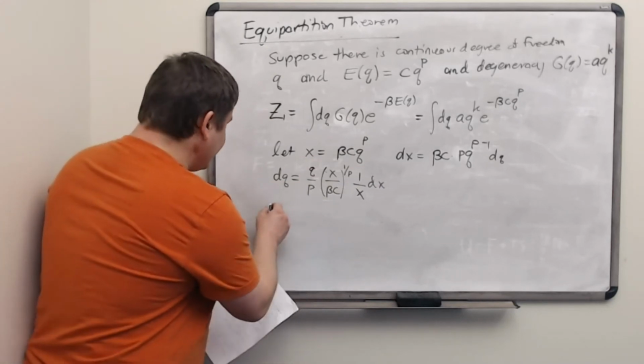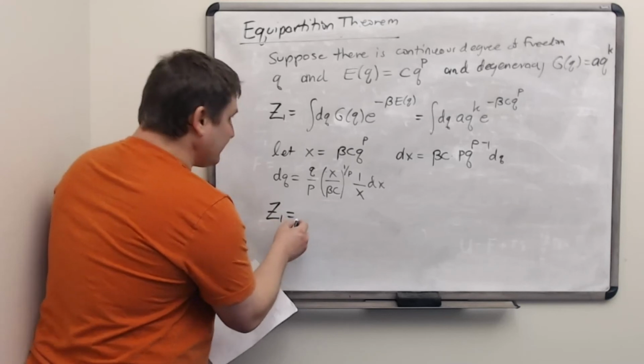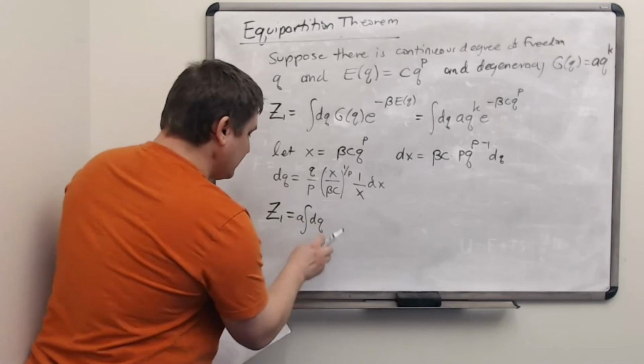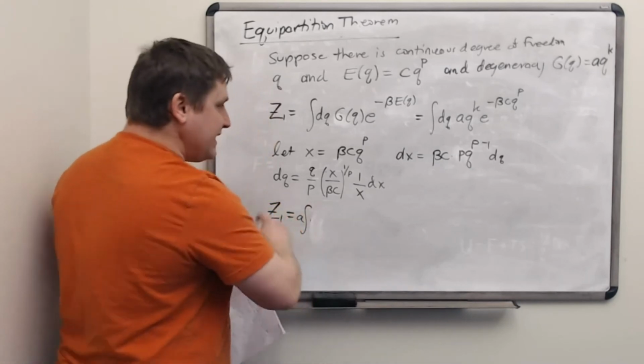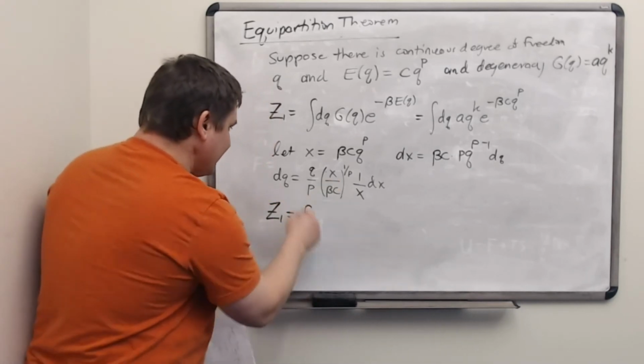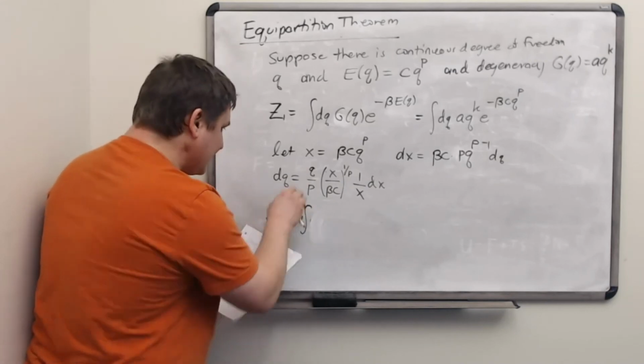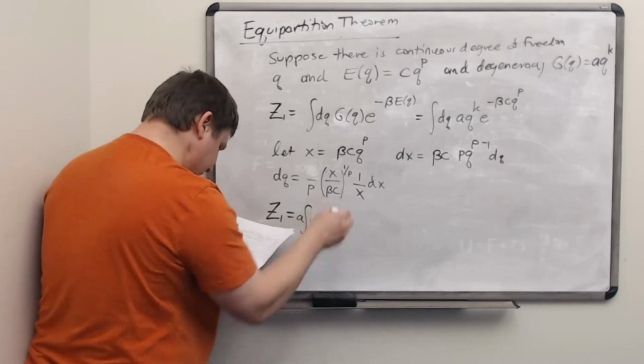All right, so when we do our calculation for the integral here, we're going to change this to a dx. So the a stays out front. The dq becomes all this stuff. Sorry, there's not a q here anymore. This stuff is the q.